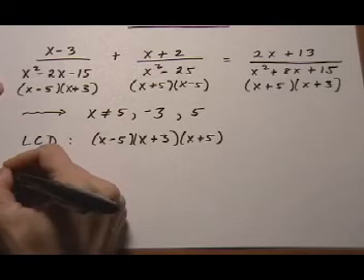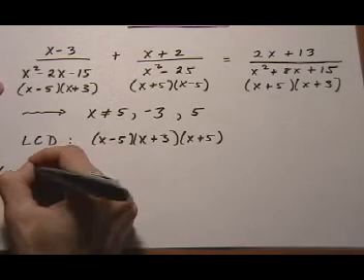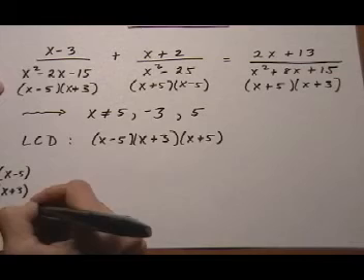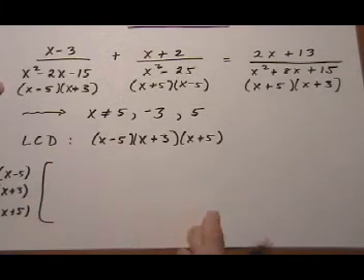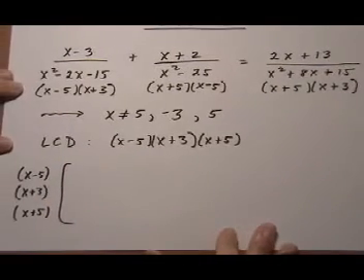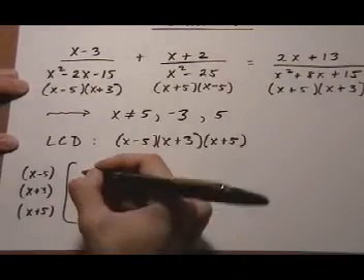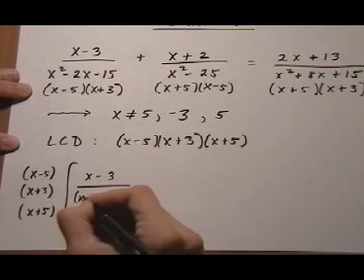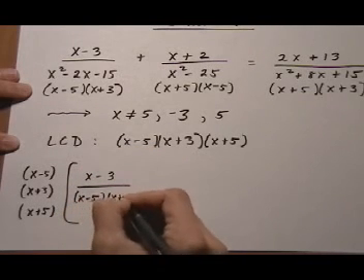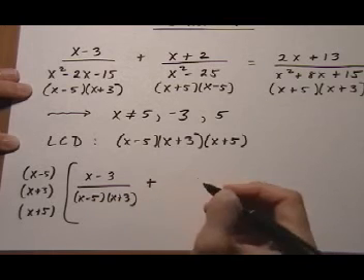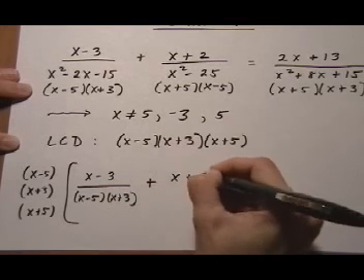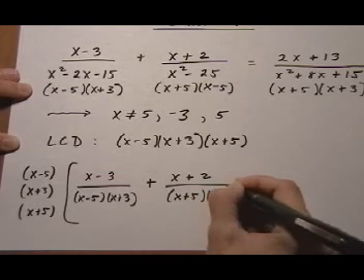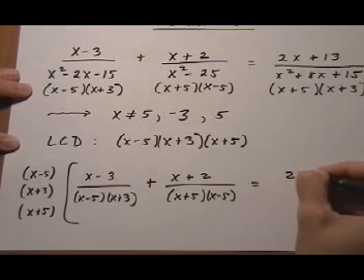So, let's see, this is going to be kind of long, so it might look a bit messy here. I'm going to put the LCD down on the side, but it's multiplying the entire equation. So x minus 3 over, and I'm going to leave the denominator in factored form now because it's going to help me to see what will cancel out. So there's the first fraction, second fraction, and the third fraction.